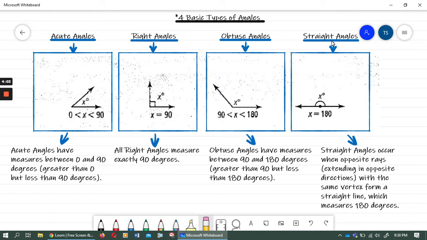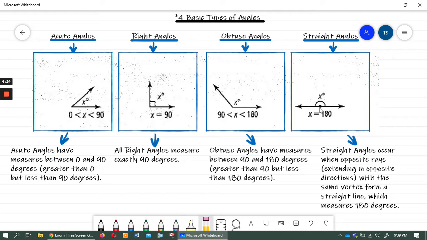And then we have straight angles. Straight angles occur when opposite rays, which are rays that extend in opposite directions, share the same vertex and form a straight line.